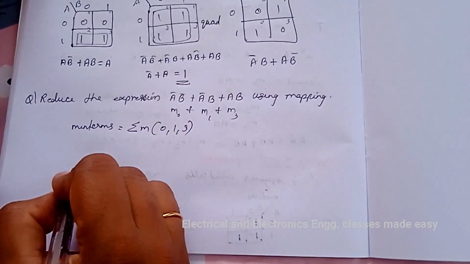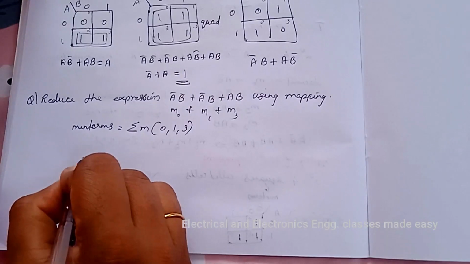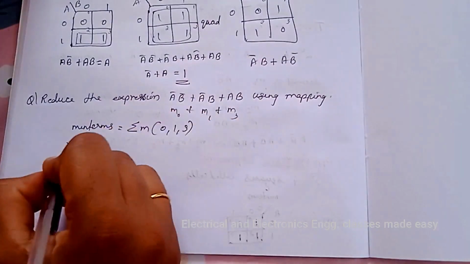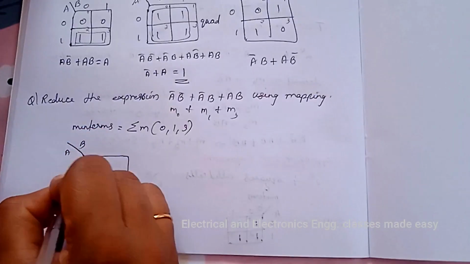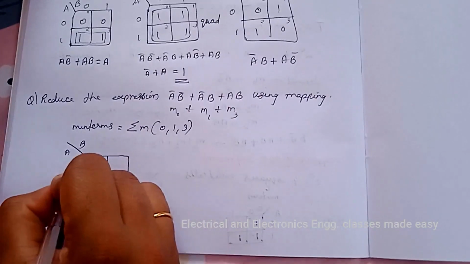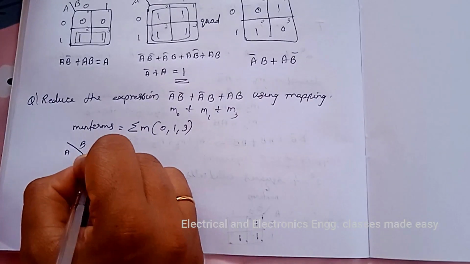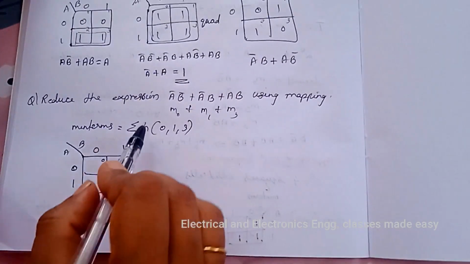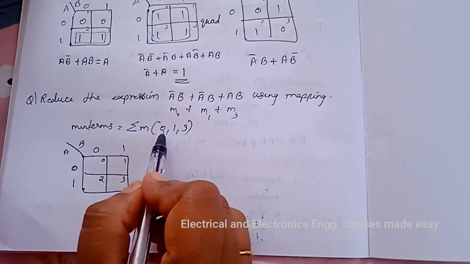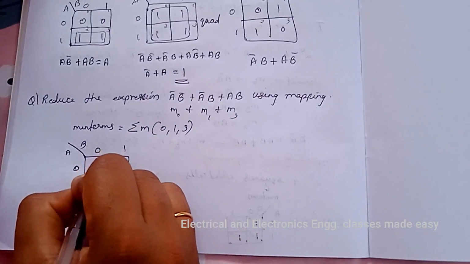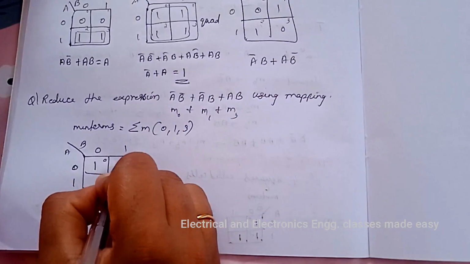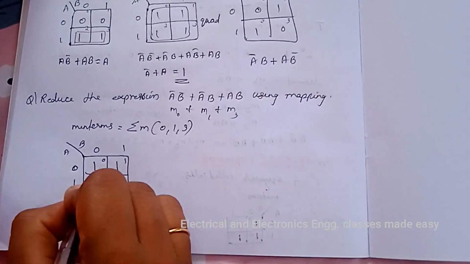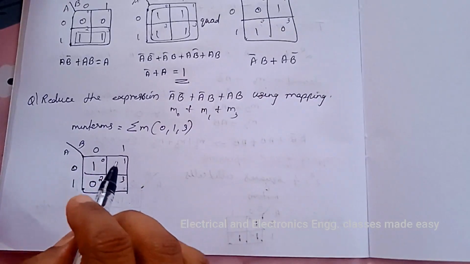We can draw the K-map. The variables are A and B, with 0 1 and 0 1, and minterms 0 1 2 3. So the minterms present are 0: put a 1 here, then 1: put a 1 here, then 3: put a 1 here, and this is 0.